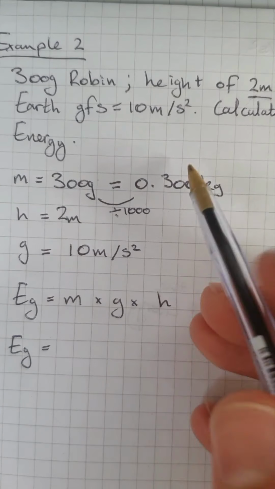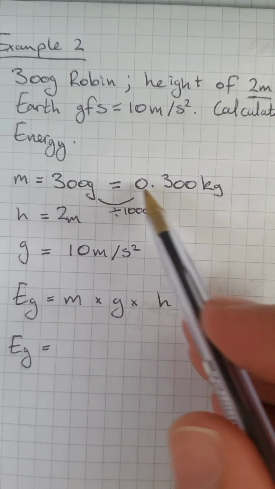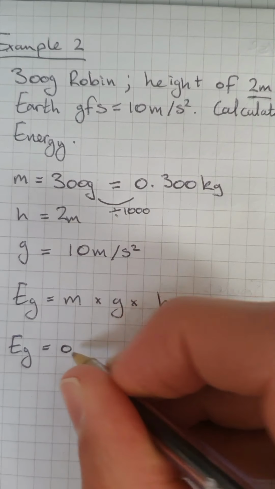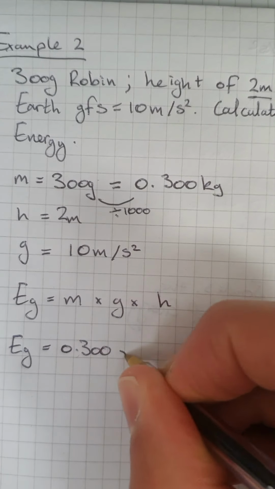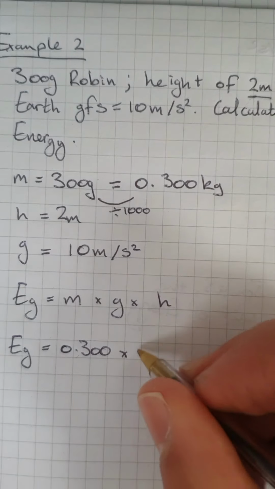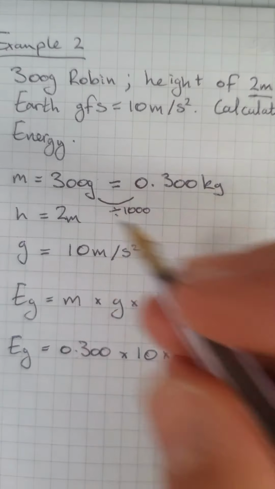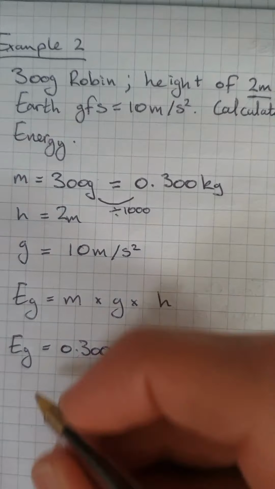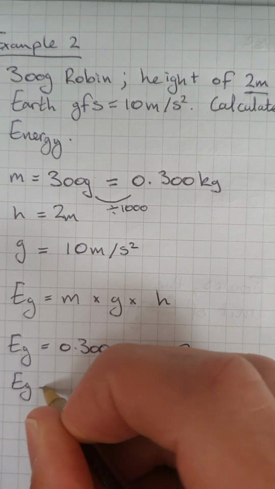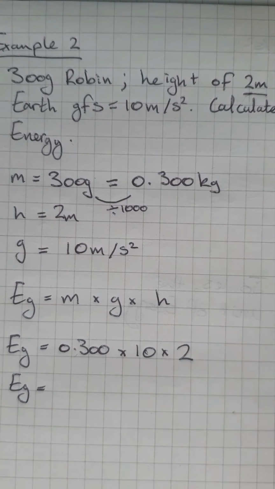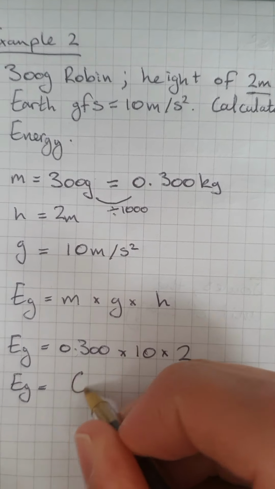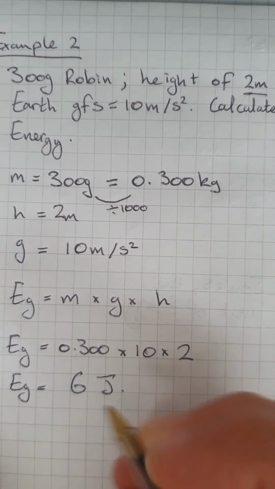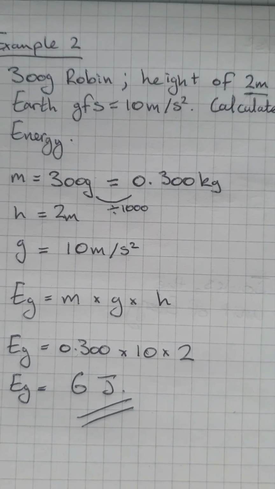So we're just going to take our 0.3, because we've converted it from 300 grams, times our G, which is 10, times our height, which is 2. And again, we just type that into a calculator, or if you're happy to do the mental maths yourself, you can. Figure it out, calculate it, and then make sure you write out the units. So for this one, you should get an answer of 6 joules. And then that's it. That's your answer.